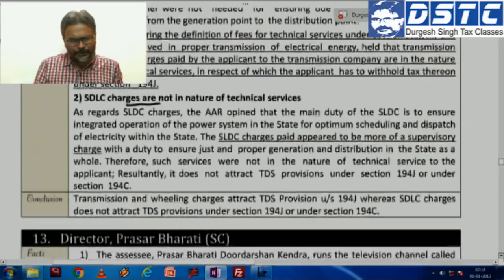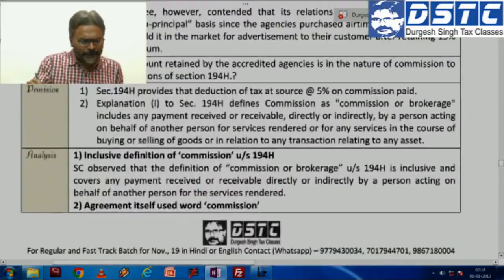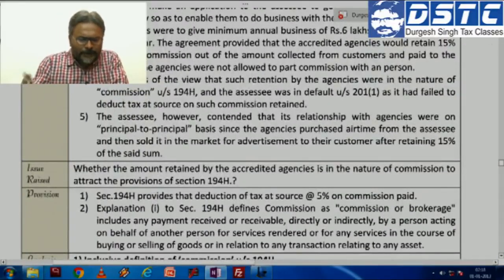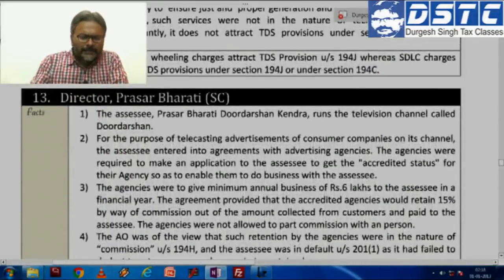This is the law of 194H. Now, sorry, the TDS rate is 5%, not 10%. 10% is for interest. So on that note, students, the facts of the case.